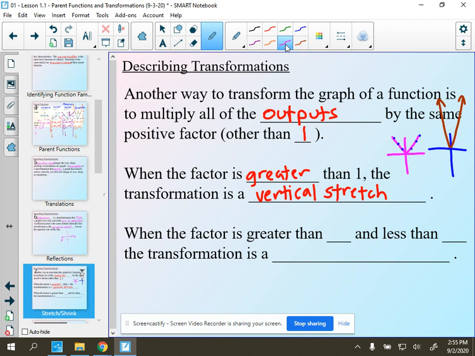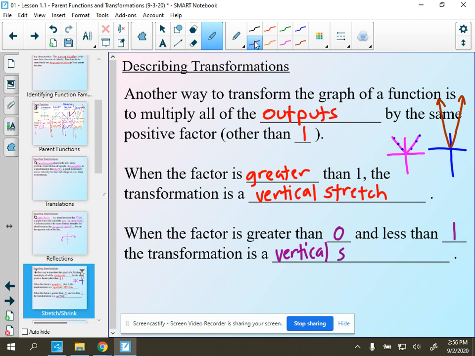What other type of positive numbers do we have? We said greater than 1. We can't do negative because that's not positive. We've got a whole set of numbers greater than 0 but less than 1, a fraction or a decimal that falls between 0 and 1. That's going to cause a vertical shrink.